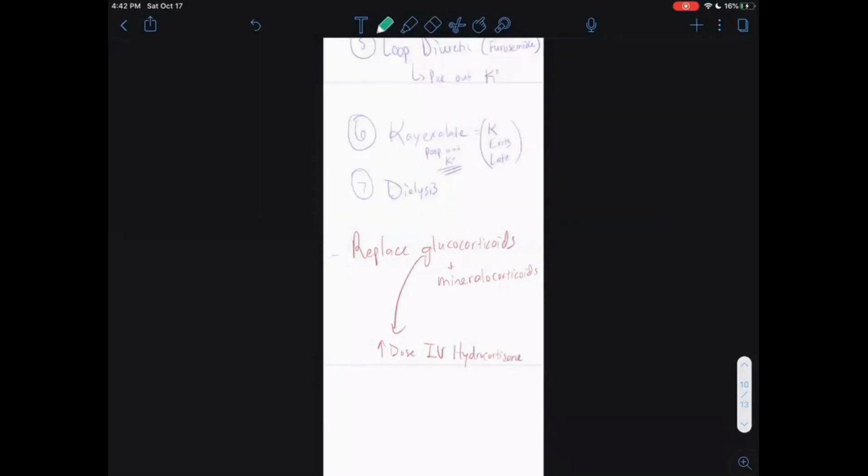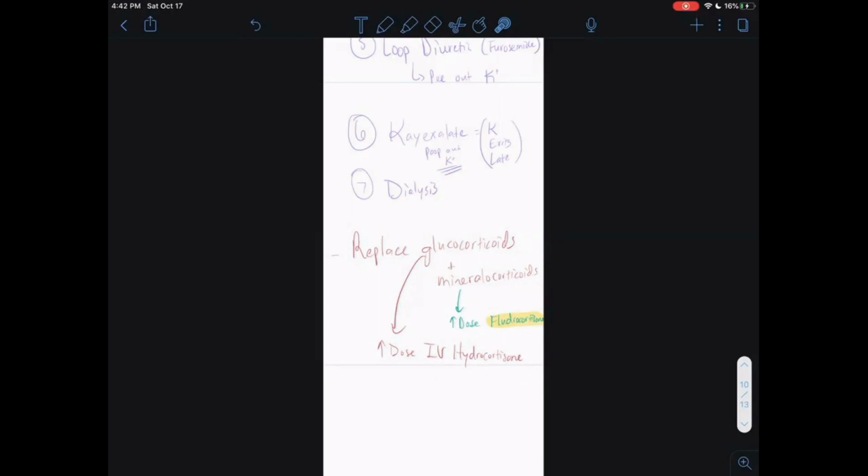All right, and then for the mineralocorticoids, you can give them high dose fludrocortisone. So fludrocortisone is the drug you need to know, which is a synthetic mineralocorticoid. All right, so fludrocortisone is your mineralocorticoid. Hydrocortisone is what you usually use to replace the glucocorticoids. Okay.